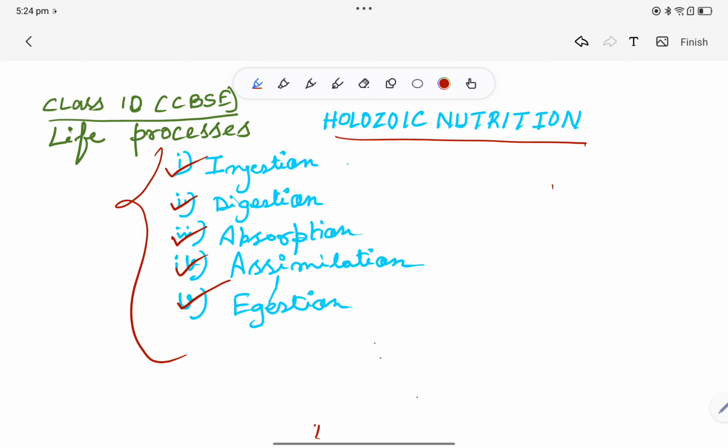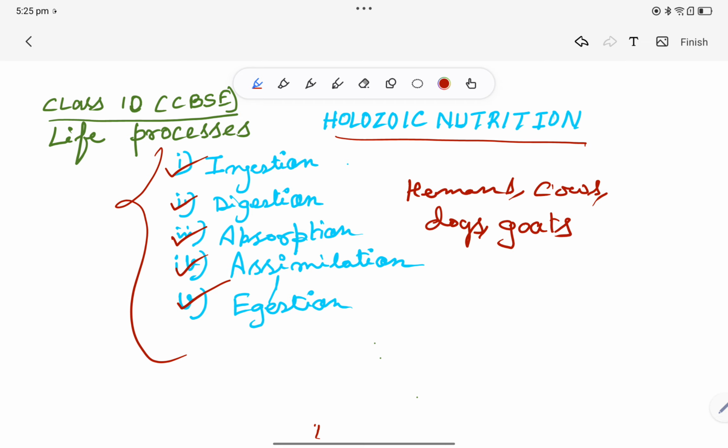Now holozoic nutrition may differ from organism to organism. Like we humans and other advanced animals, like cows, dogs, goats, here we will see similarities.